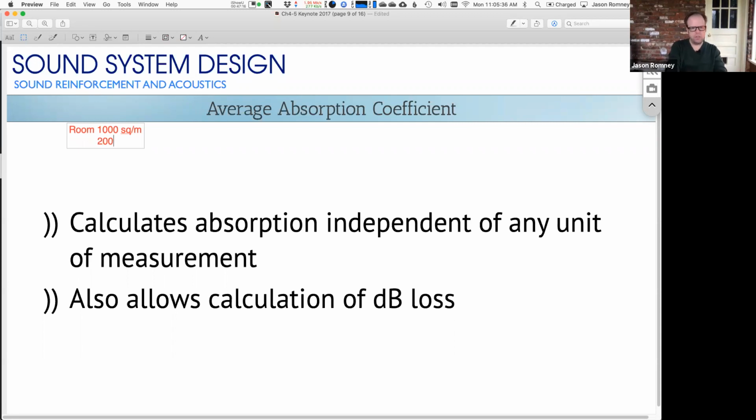Now let's say 200 square meters of that surface area has an absorption coefficient of 0.8. And the remaining 800 square meters has an absorption coefficient of 0.1.